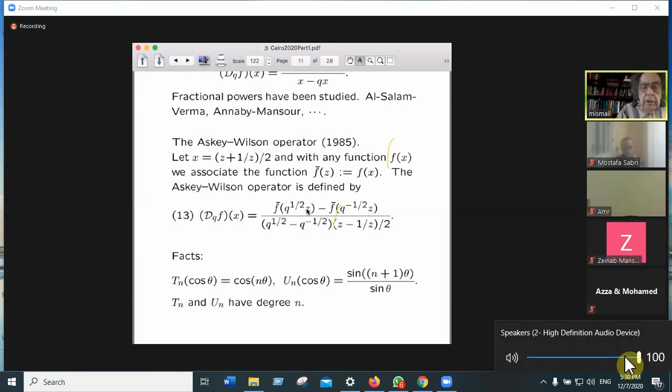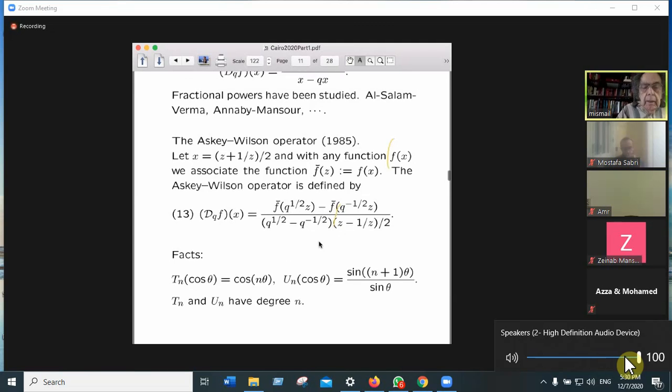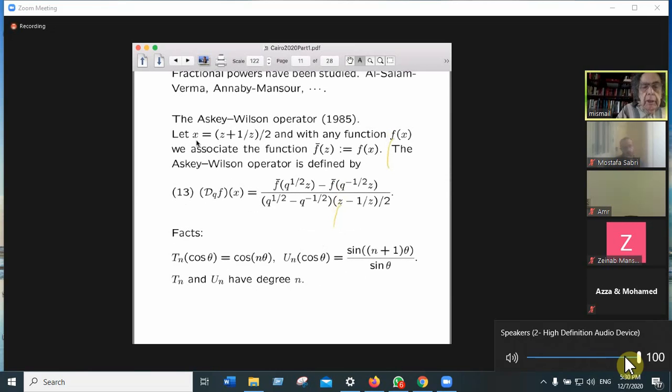So I dilate z by q to the 1/2 and q to the minus 1/2, take the difference, and divide by what this does if the function were x. So this is like delta f over delta x. Okay, so again, I replace x by z plus 1 over z, and I do dilation on z.